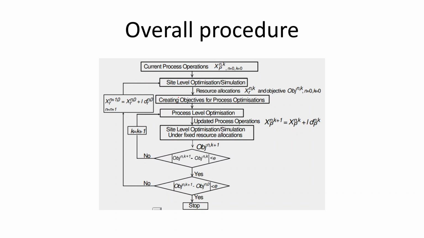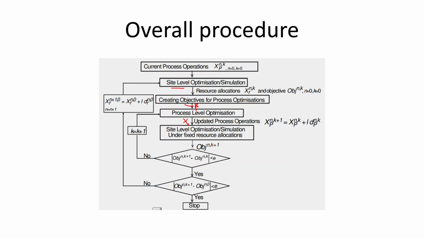I'm simply repeating myself. You have the site level, you have the objective functions, and then you optimize it, right? And from here you get the X optimum, and then you put that X optimum over here. Oh, sorry, this is then the fit. The fit is taken at the site level, so you get your fit to maximize a certain yield, and then you put that fit in the process level optimization, and then you get your X. That X comes back to the site level to see how different they are.